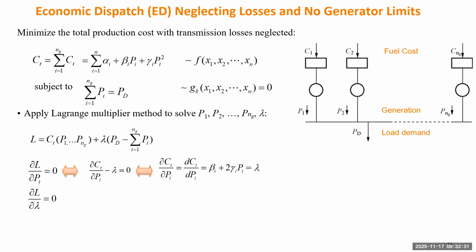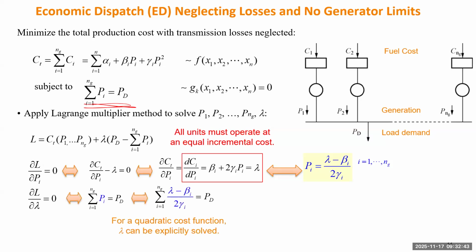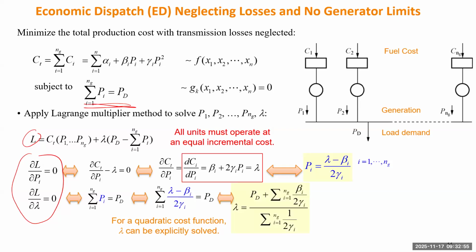If the economic dispatch only has the equality constraint, which is the power balance, the total generation is equal to the total load, then we only need to solve the gradient vector of L to be 0, right? So the solution can be found fully analytically, which means there are two steps you can do.